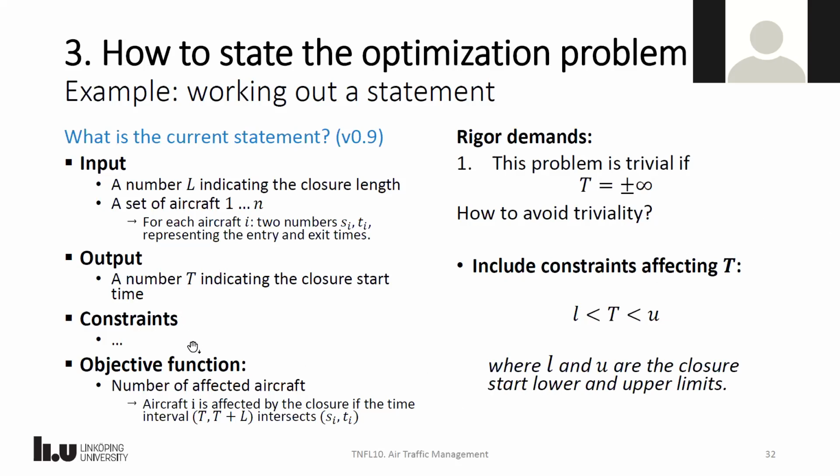But that's something that we have to include in here, because otherwise the problem is open to those kinds of interpretations. So we want to include these constraints to prevent this from happening.